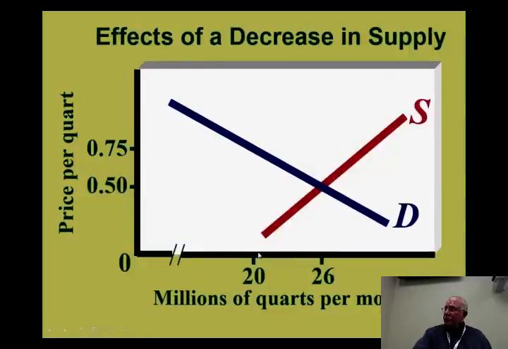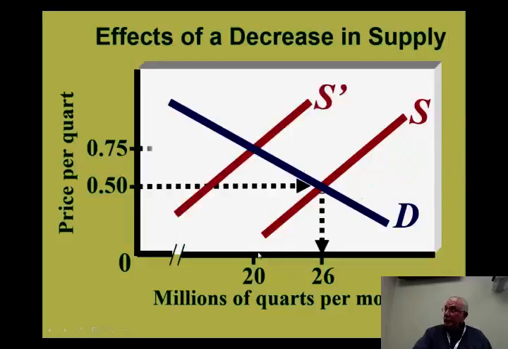Here we've got demand, here we've got supply, and supply decreases. If supply decreases, what happens to equilibrium price? It goes up. What happens to equilibrium quantity? It goes down. Now, let me give you a tip here. There are going to be some questions on the test like this. And in order to get the correct answer, all you've got to do is draw on a piece of paper a downward sloping demand curve and an upward sloping supply curve.